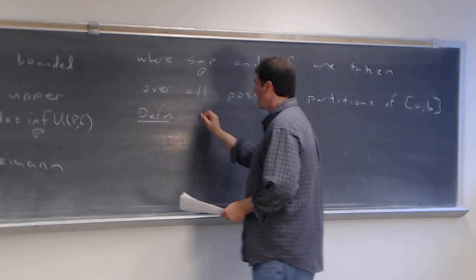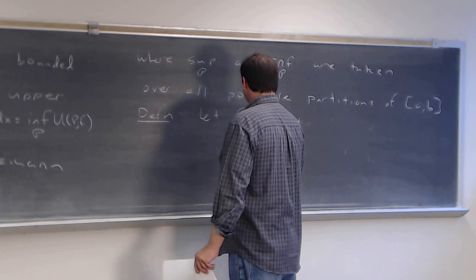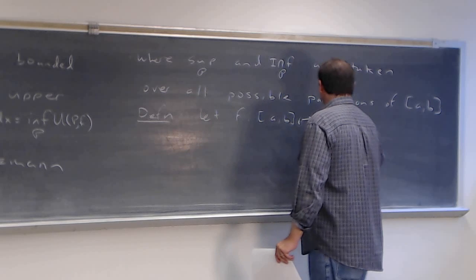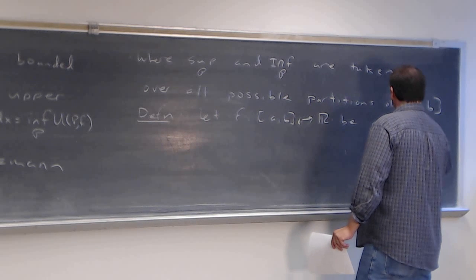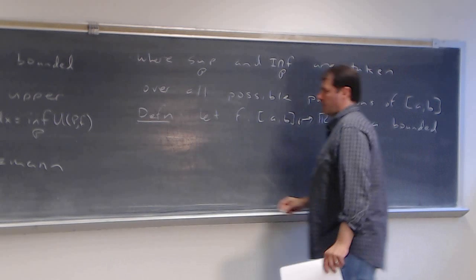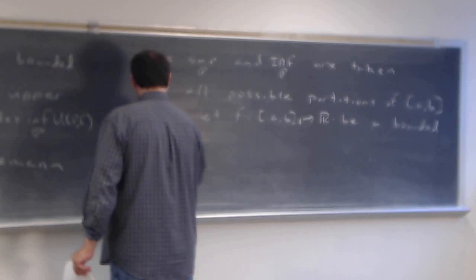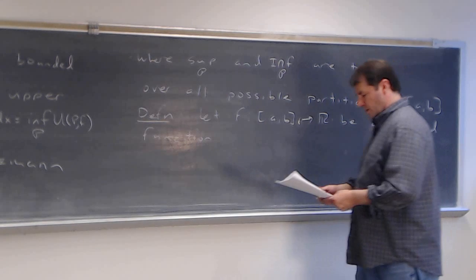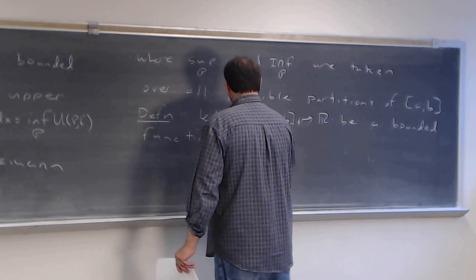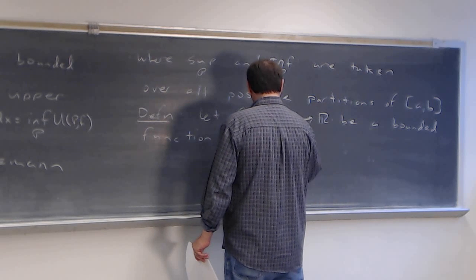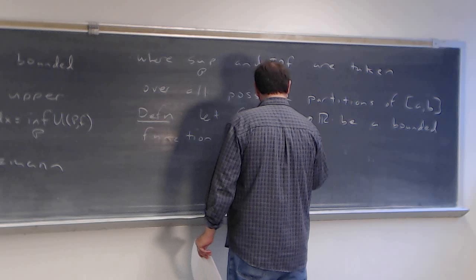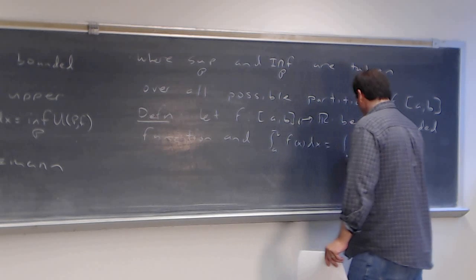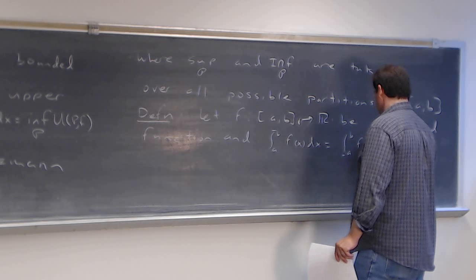It says, let f be defined from a to b into R, a bounded function. And we suppose that this upper Riemann integral equals the lower Riemann integral.